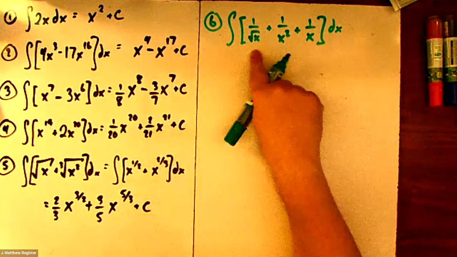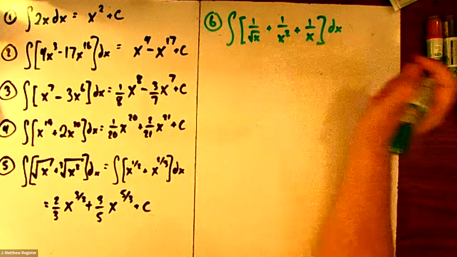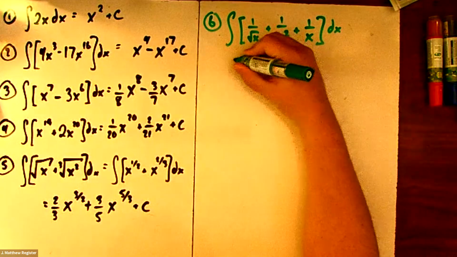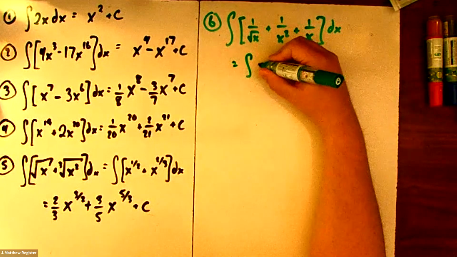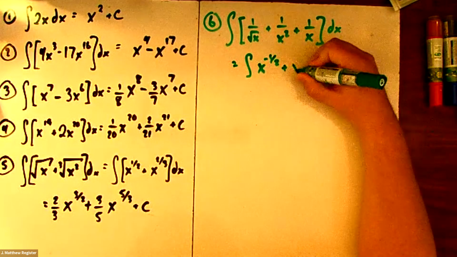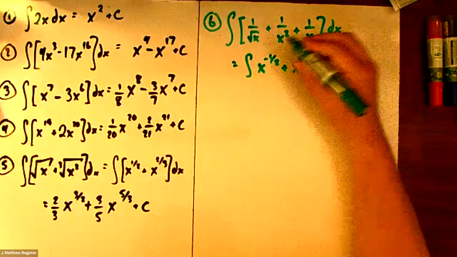If it helps, you could rewrite these as fractional exponents again, or negative exponents as the case may be, in which case this would become the integral of x to the negative 1/2 plus x to the negative 2 plus x to the negative 1.